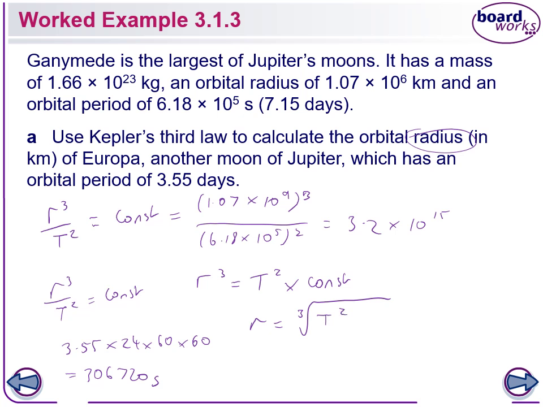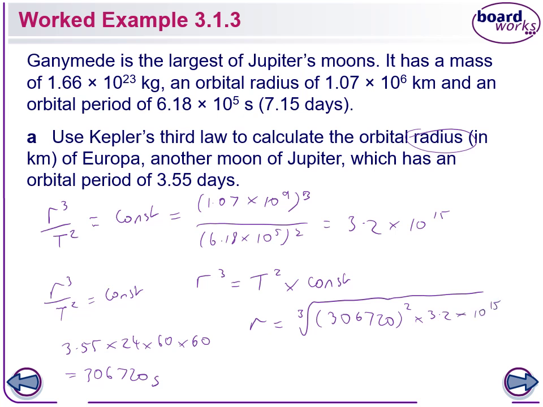Well, actually, let's put our numbers in. The cube root of 306,720 squared multiplied by our constant, which we worked out above, 3.2 times 10 to the 15.